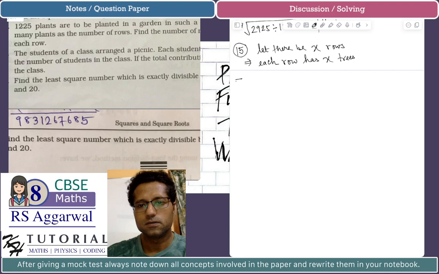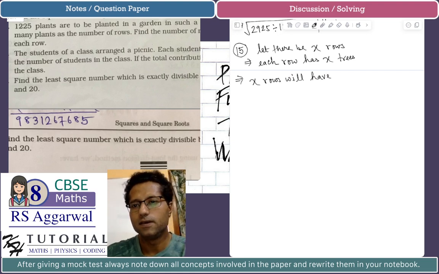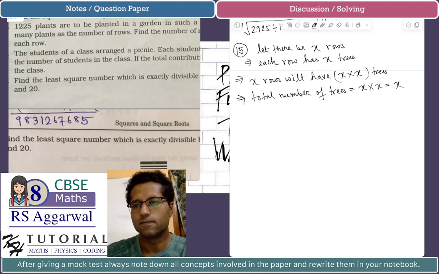This implies x rows will definitely have x multiplied by x trees. So this implies the total number of trees is equal to x multiplied by x, which is x square.